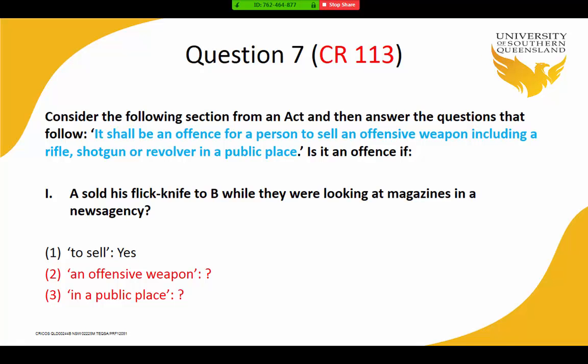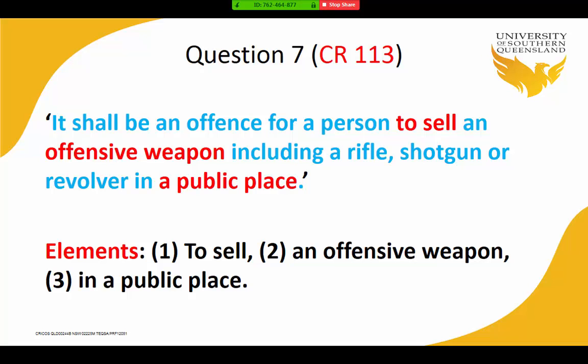B. It says, C, another person, gave D his air gun when C visited his home. So we always go through the elements. The first element is to sell. Superimpose these facts. Was there a selling? No. Why? Because it was more of a giveaway, not a sell.